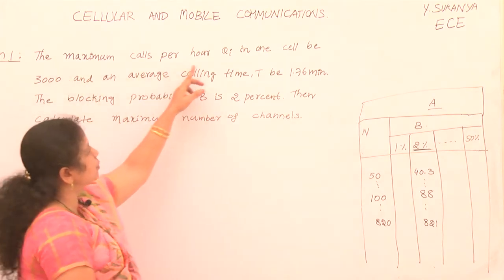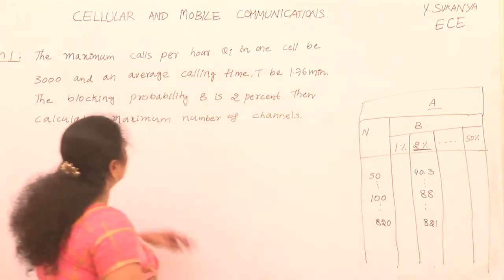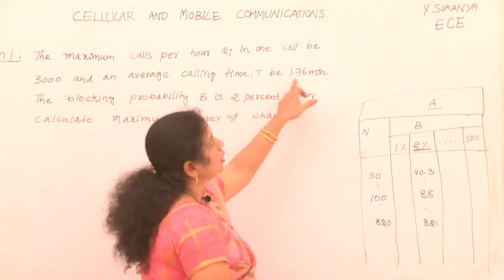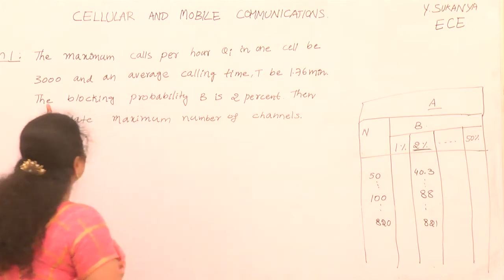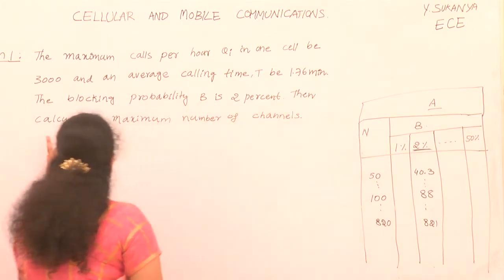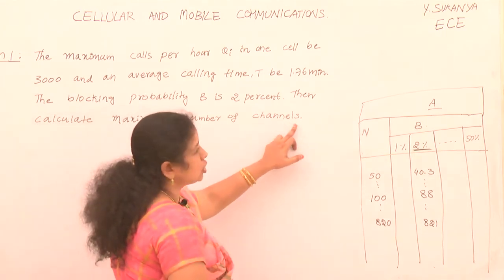So the problem is given like this: the maximum calls per hour Qi in one cell be 3000 and an average calling time T is 1.76 minutes. The blocking probability B is 2%. Then calculate the maximum number of channels.